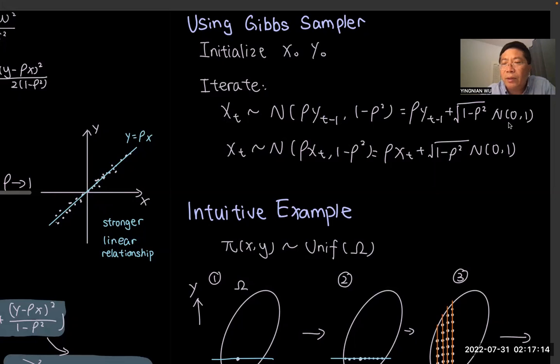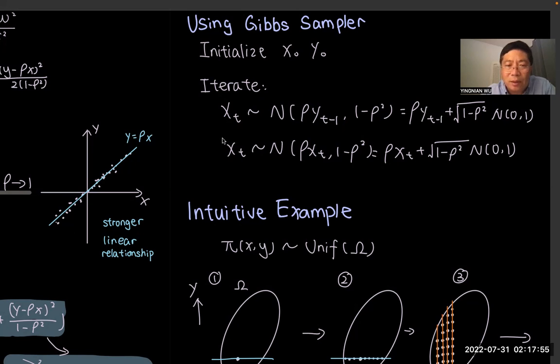The normal 0, 1 has mean 0 and variance 1, so adding rho y(t minus 1) gives mean rho y(t minus 1), and multiplying by square root of 1 minus rho squared gives variance 1 minus rho squared. This is how we generate from such a distribution: first generate a normal random variable, multiply by the square root of 1 minus rho squared, and add rho times y(t minus 1), and then you have xt.